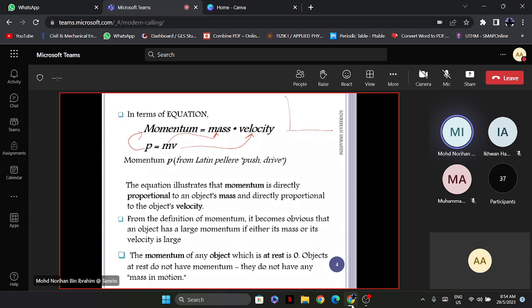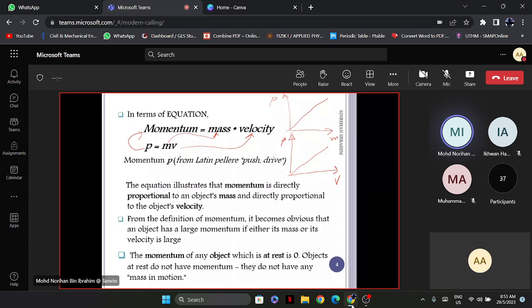Momentum is proportional to m, where m represents mass and p represents momentum. It is directly proportional like this. Similarly for velocity: the higher the velocity is, the higher the momentum. It is also directly proportional like this.